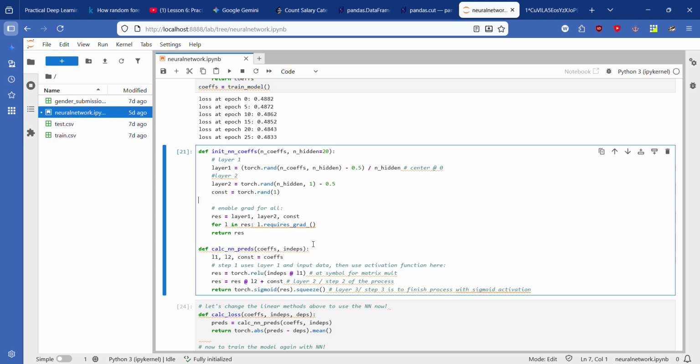Because before in our linear model, it could only literally make a linear decision. Like imagine in high school how you had y equals mx plus b. That's basically the model's level of creativity. It can only make a line. But what if we want to make a parabola or a way more complex function? We need more layers for that. And the activation functions help to introduce that nonlinearity.